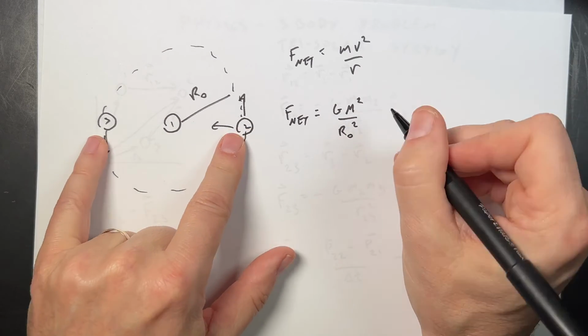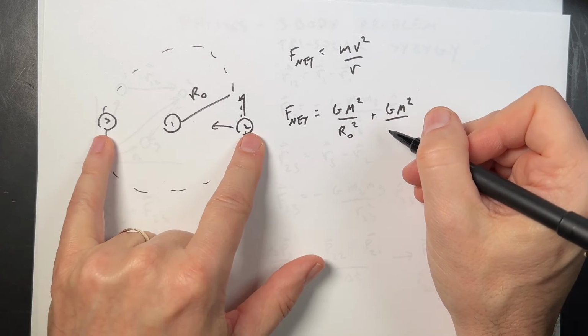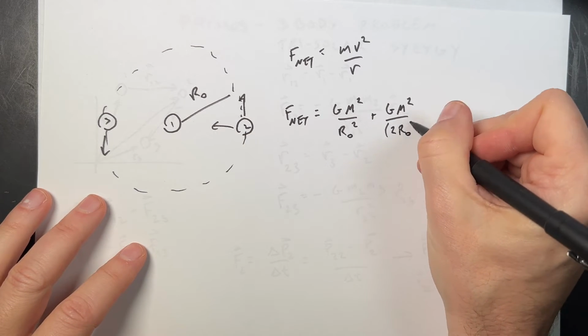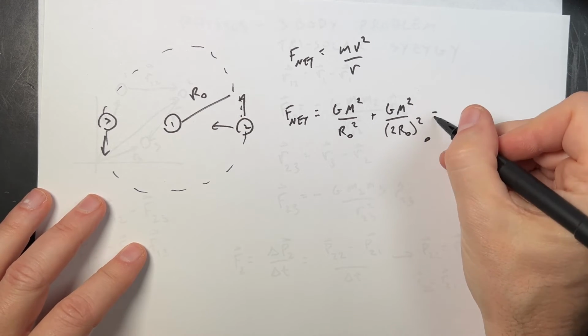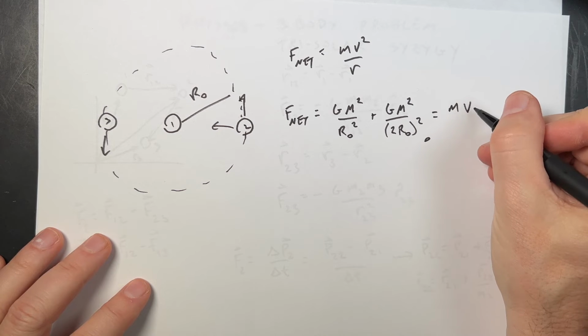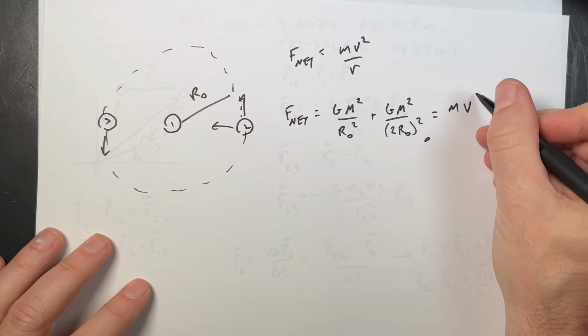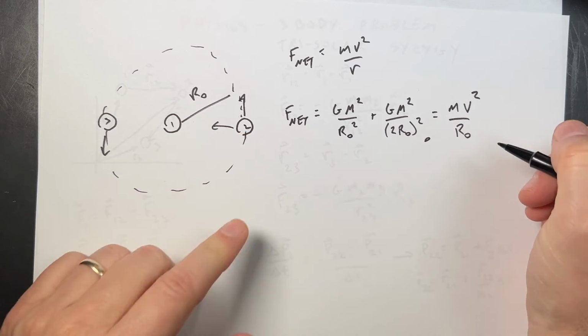This force is going to be plus G m squared over 2r0 squared. Right, I have 2 of those. And that's going to be equal to the mass, m, times the velocity, v, which I'll call v0, but this is called v for right now, squared over the circular radius of this, which is r0.